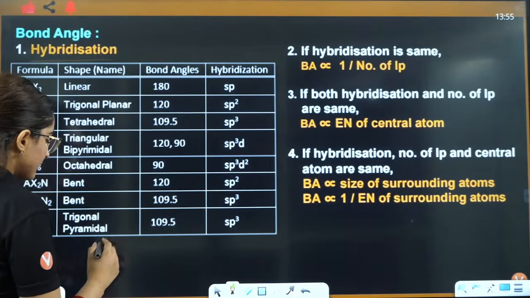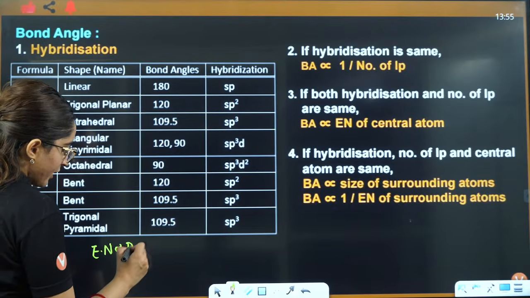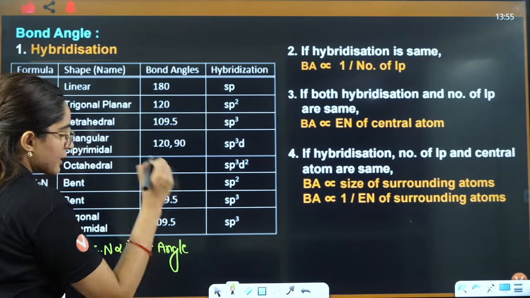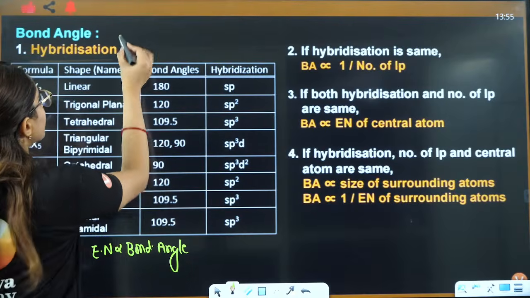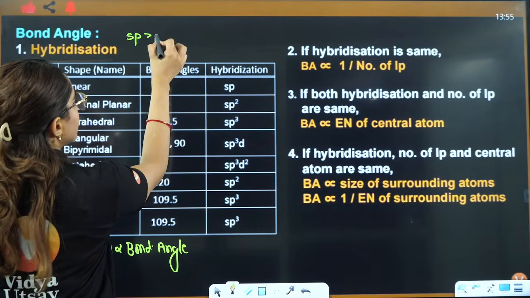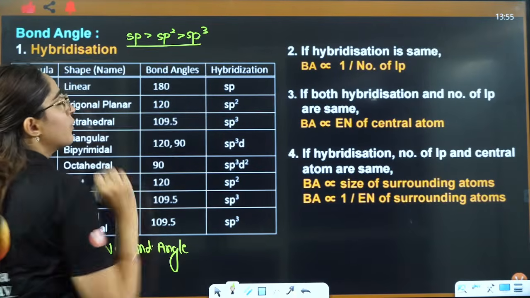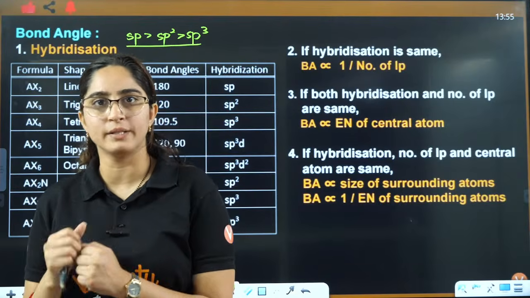One thing always remember: more is the electronegativity, more will be the bond angle. sp has more electronegativity, then sp2, then sp3. If hybridization is different, we can easily conclude the bond angle.